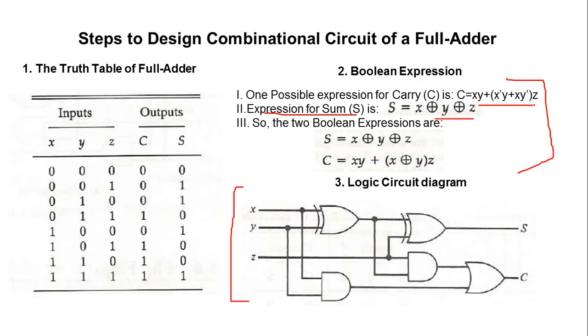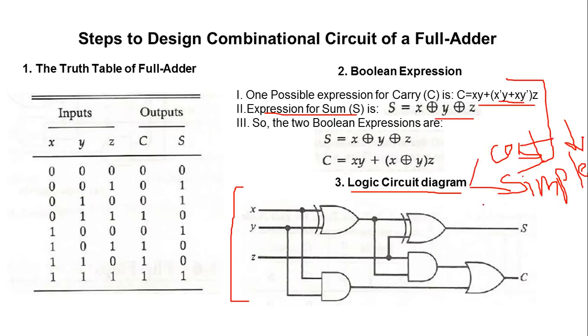You might simplify it further, or you can also leave it till here. But the idea is we have to generate a logic circuit diagram which should be cost effective. Cost should be less on designing the circuit, and the circuit should be simple, not very complex. We need to keep both these things in mind while designing a circuit.